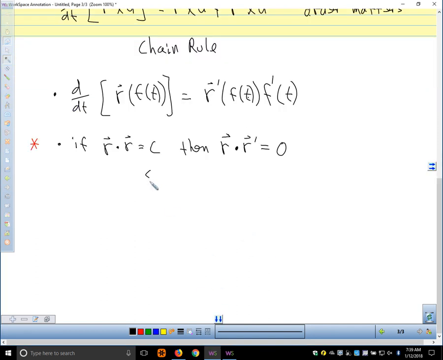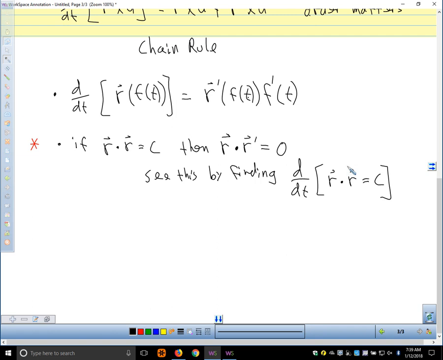And we see this by finding the derivative of r dot r equals a scalar constant. So you do the derivative, use your product rule, and you come up with this.